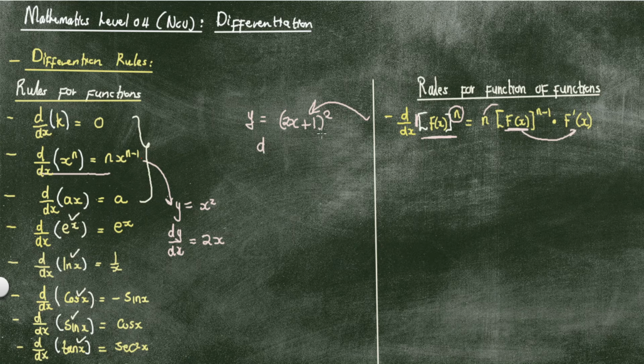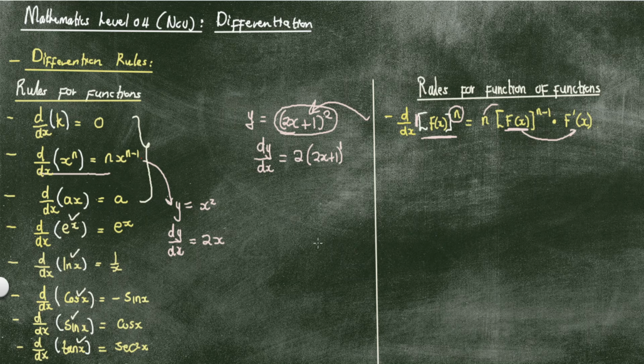So if I were to differentiate this, dy over dx is going to be, I'm going to differentiate this function as a whole first. So the 2 multiplies in front, 2 times x plus 1, raised to 2 minus 1, which is 1.